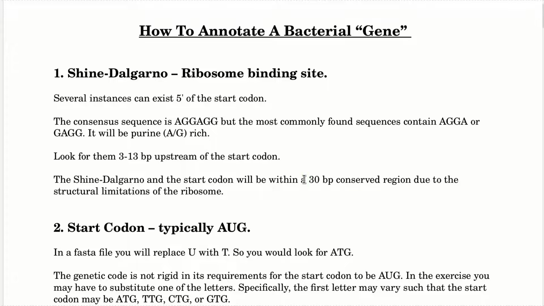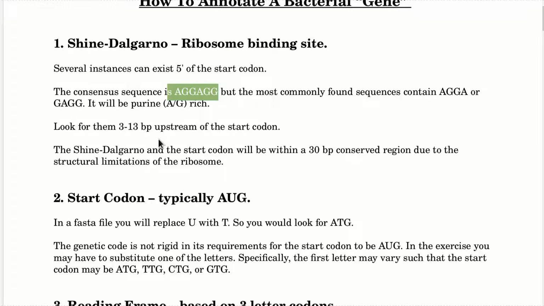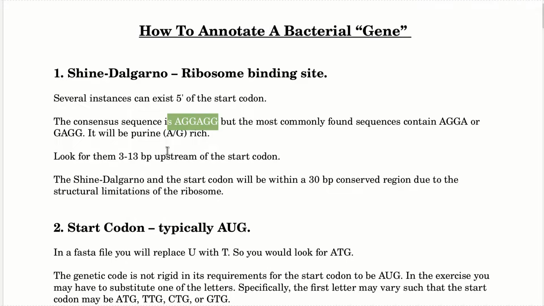So here's something that is a bit more structured, this 30 base pair conserved region. Within that 30 base pairs, you're going to find this, and you're going to find the start codon, all right. This is actually a pretty easy one to find. You don't even have to know exactly where your start codon is.